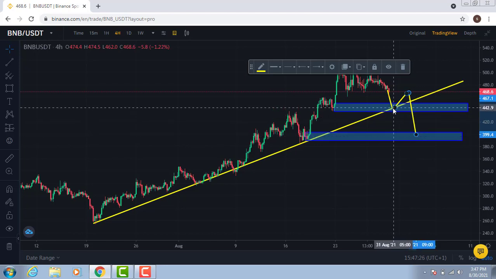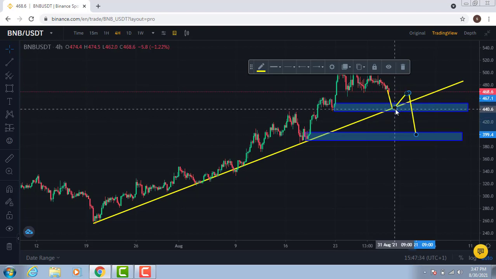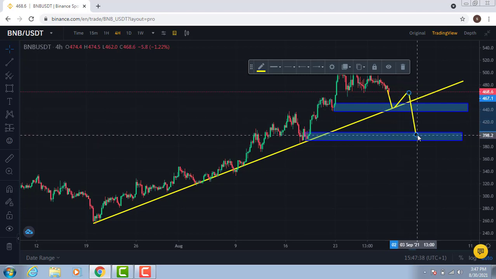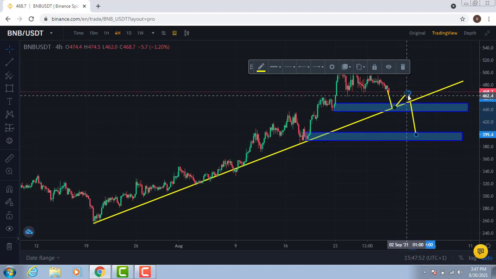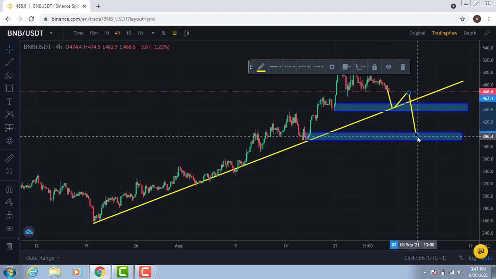If this level did not hold the market to the upside, so if you see a drastic drop in Bitcoin, then this is the first level that the market should hold before we see a retracement. Then the market should probably go down if there is more drop in BTC. Once this trend line breaks, then just know that BNB is going to go right down.